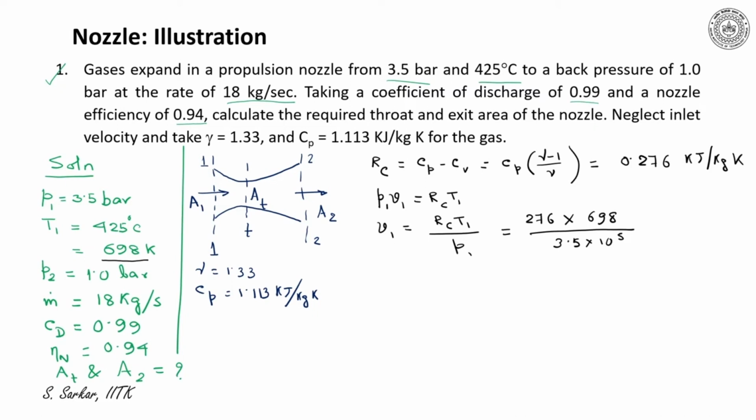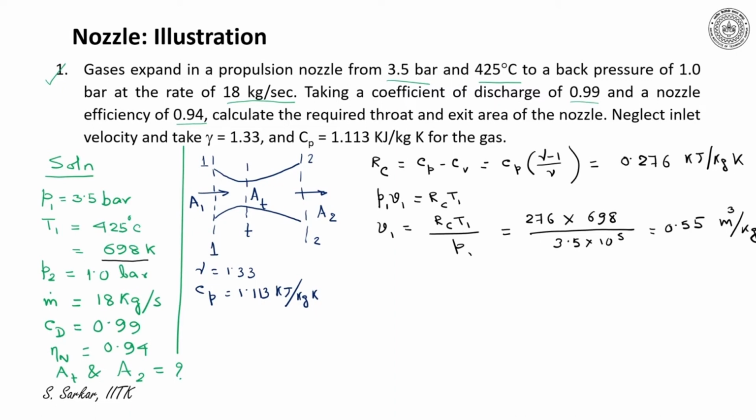I have converted bar to Pascals. So if you calculate this, you will get 0.55 meter cube per kg. So you have evaluated the specific volume at inlet.